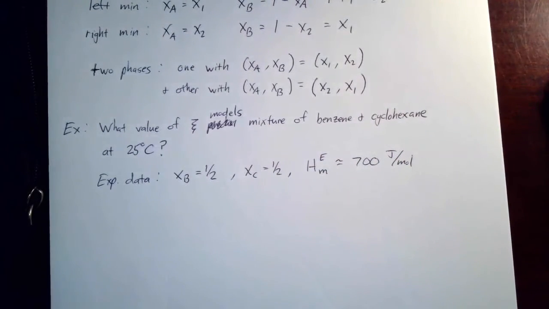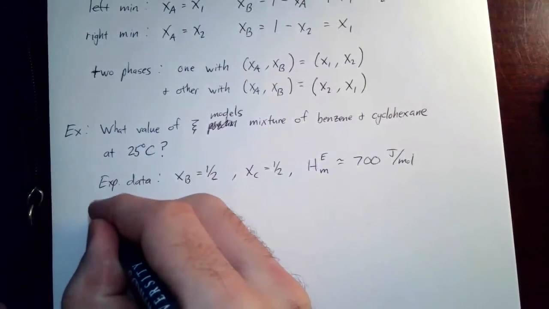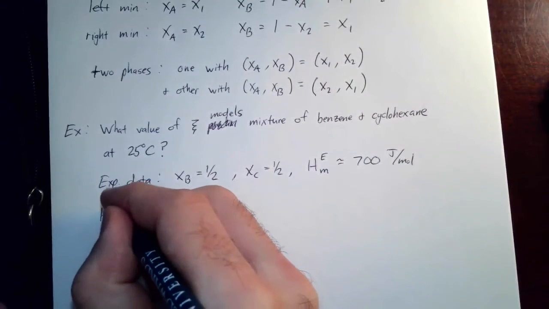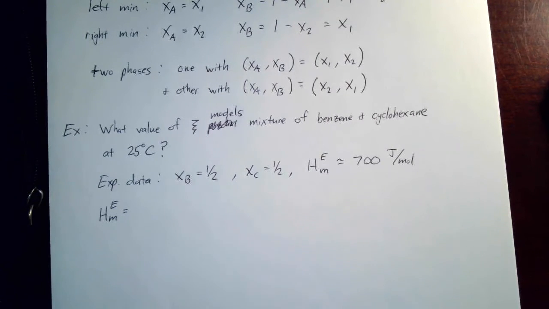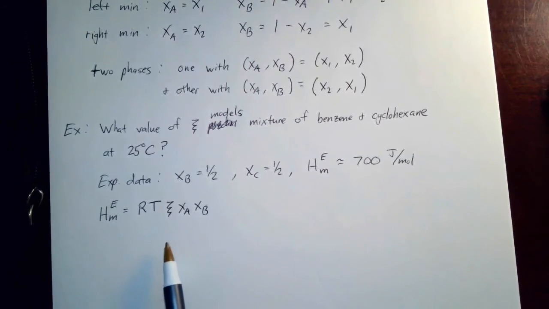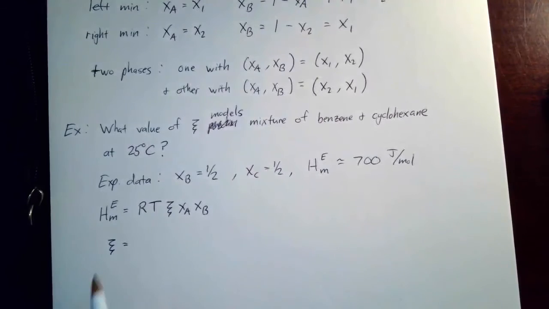All right, using this and our definition of HE, I can find a value for C. So remember our model for the excess enthalpy. In this case, I'm dividing it by the number of moles. So I end up with this.